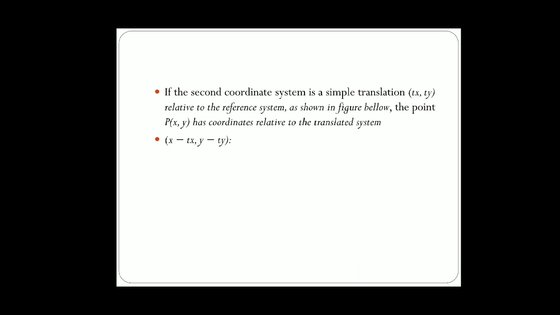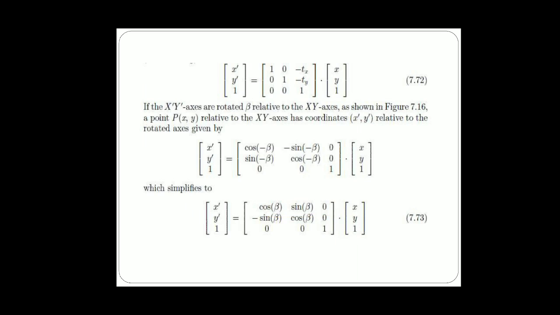The transformation product x dash and y dash is relative to the rotated axis. Here cos minus beta is 1, so they have applied 1. Cos minus beta is again 1. Minus sine beta is 0. Sine minus beta is again 0.